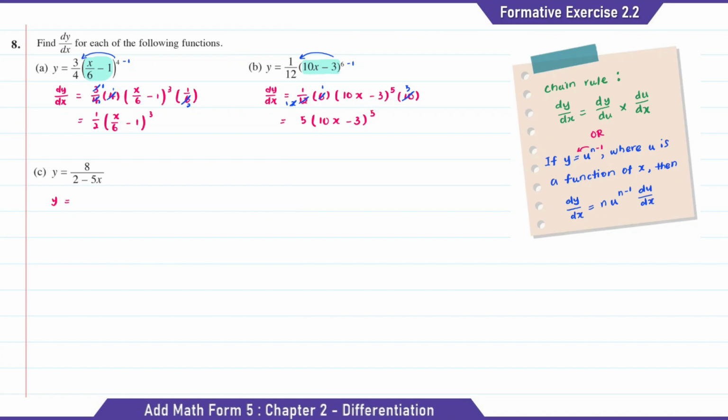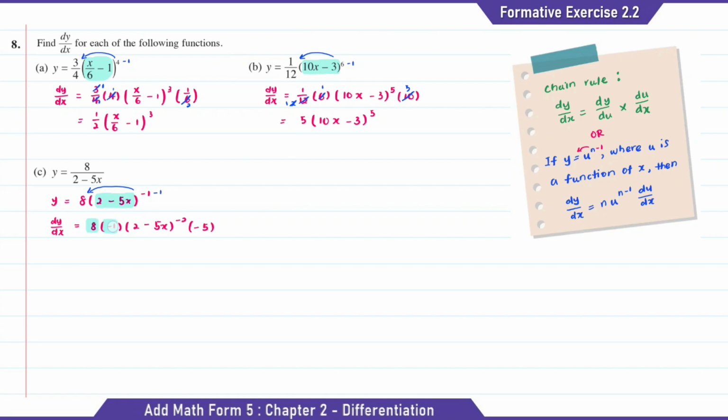Question C. We can also write this as 8, bracket 2 minus 5x to the power of negative 1. Then dy/dx is equal to 8 times negative 1, bracket 2 minus 5x to the power of negative 2. Then differentiate the terms in the bracket, which is going to be negative 5.